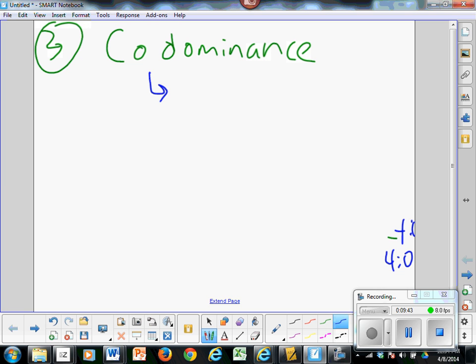It just means that one is not necessarily dominant over the other. So this is where we get a mix, but it's not like mixing paint where you would mix black and white and get gray. You would actually show both colors.